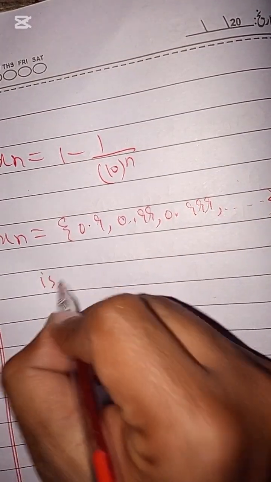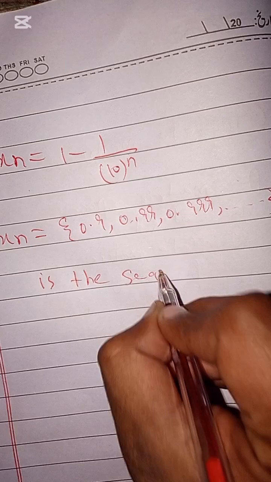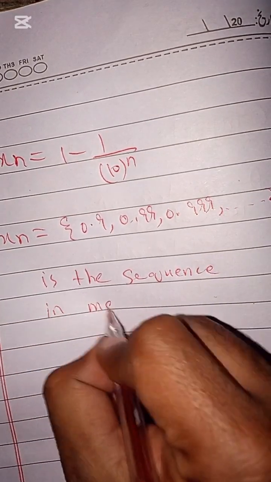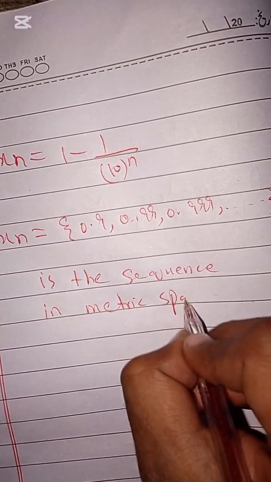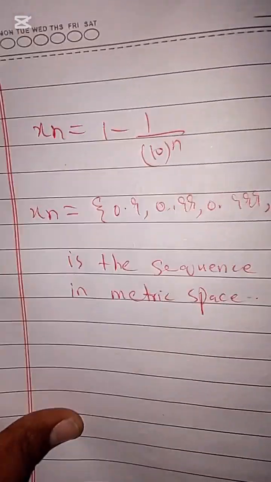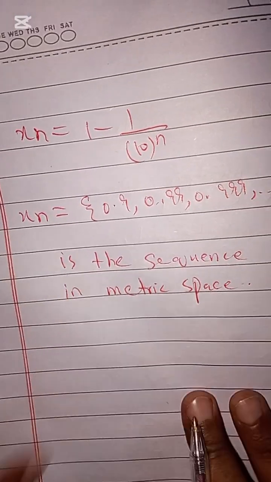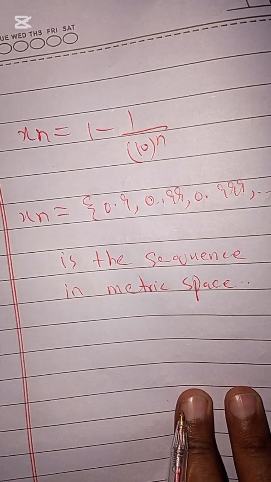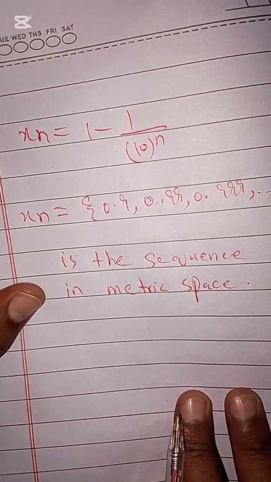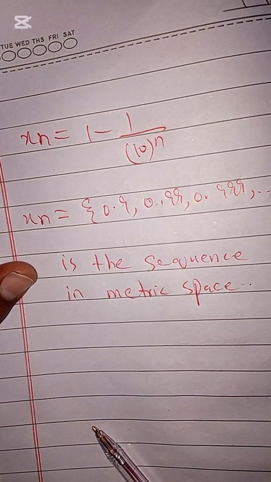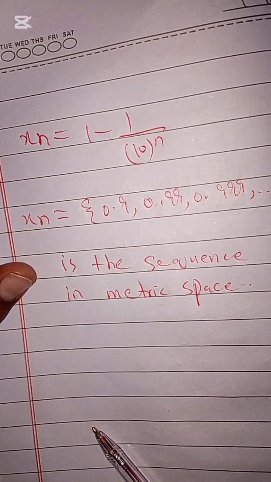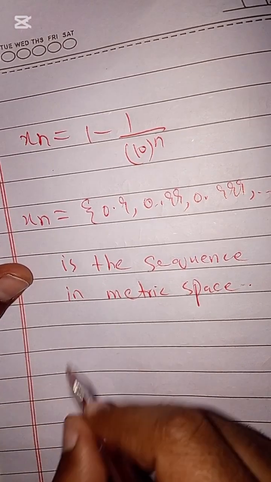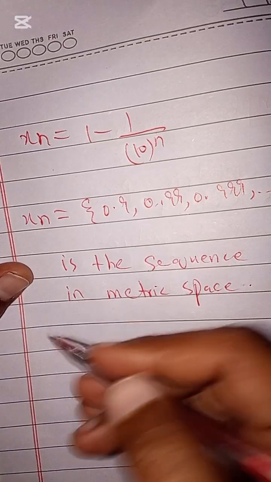It is a sequence in a metric space. To check whether it is complete, we have to check just one thing: that it is convergent or not. If it is convergent, then it is Cauchy, and convergent plus Cauchy is complete.